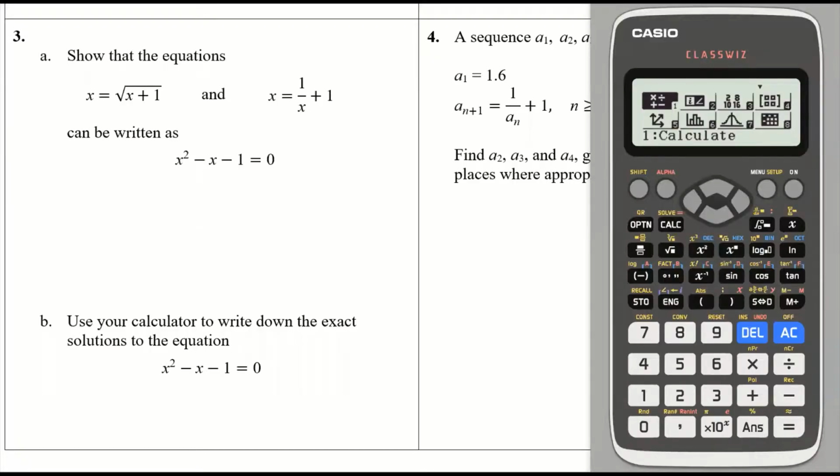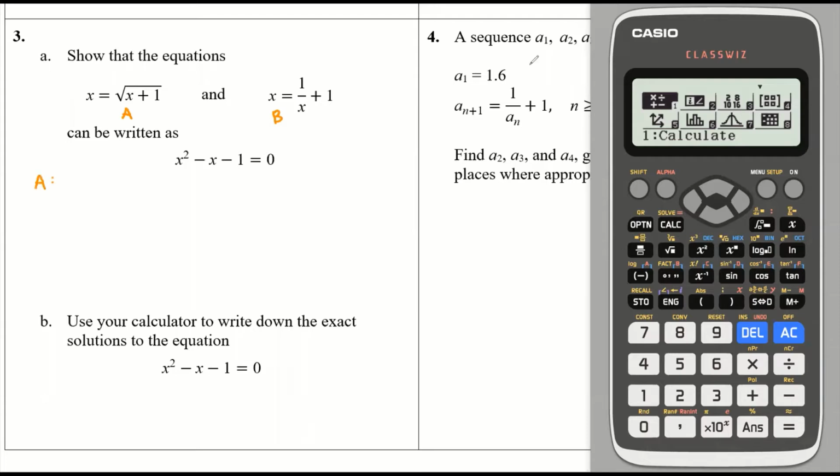Okay, for the next question, question 3, we have to show that the equations x equals the square root of x plus 1 and x equals 1 over x plus 1 can be written as the quadratic x squared subtract x subtract 1 is equal to 0. Well, if we start off with the first equation, I'll call this one big A, and we'll call this one big B. So starting with big A, what can we do?